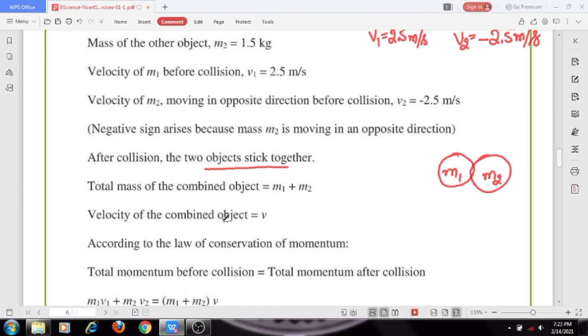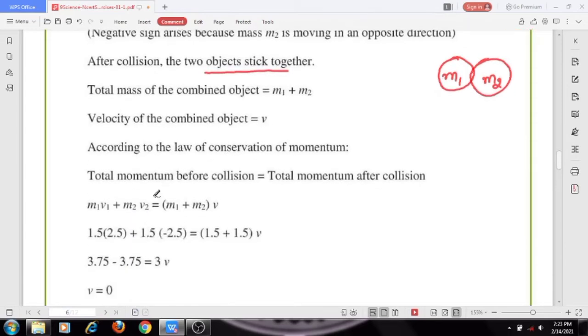So the velocity of the object, we will take it as v. Then according to the law of conservation of momentum, we know the formula, that is, total momentum before collision is equal to total momentum after collision. So the formula is m1 v1 plus m2 v2. What is this v1?